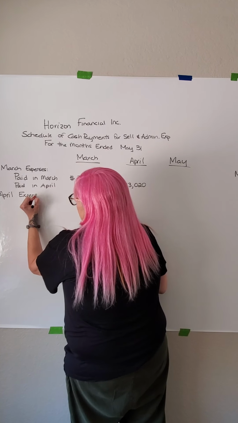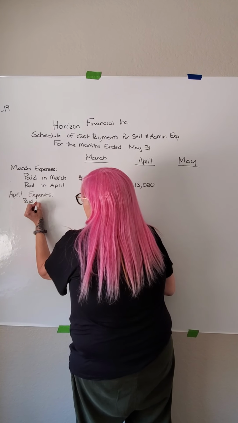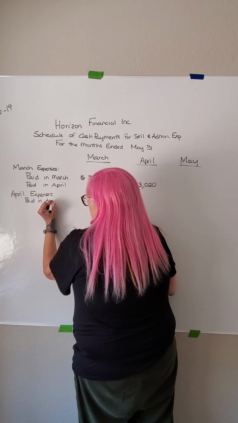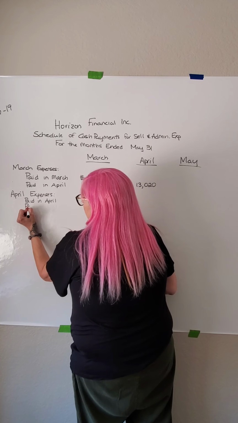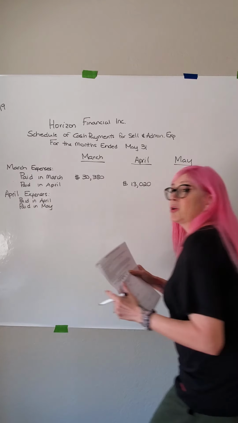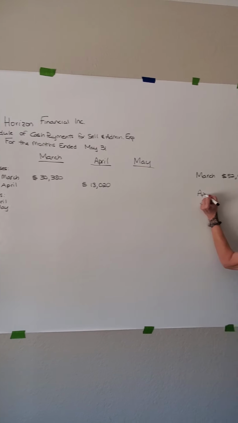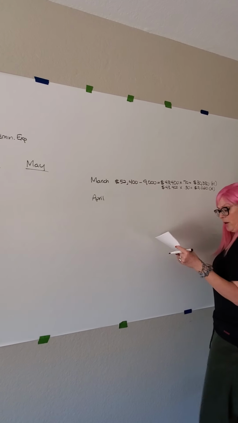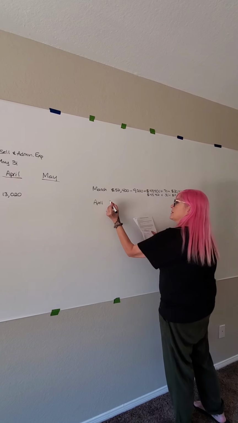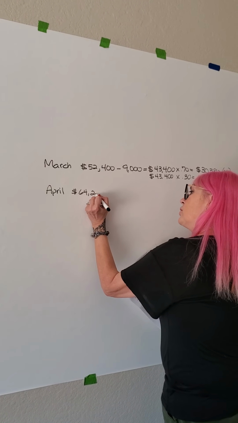And so now we're going to do the same thing for our April expenses and May expenses. So under April expenses, we're going to have paid in April and paid in May. And we're going to go through the same process that we did for the March expenses. We've got our April total expenses are $64,200.